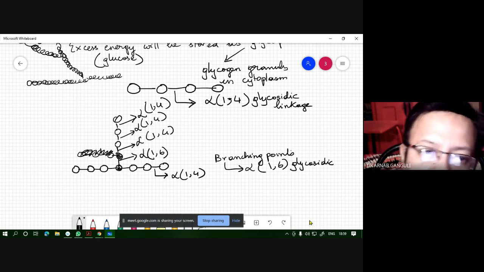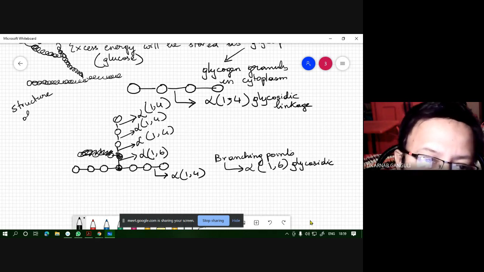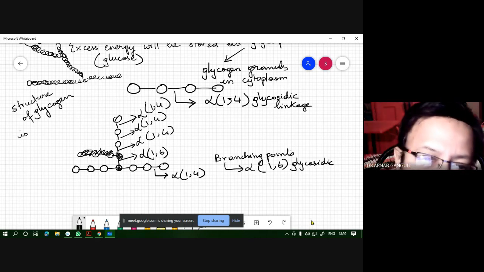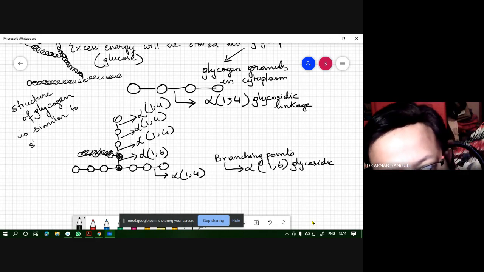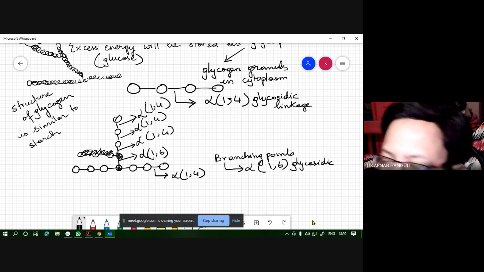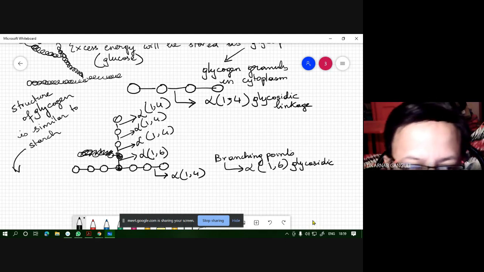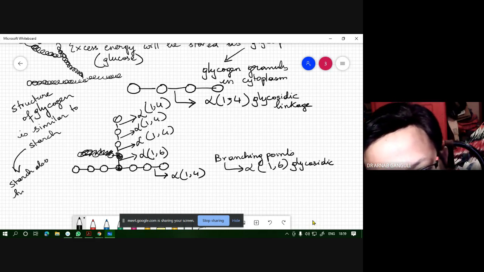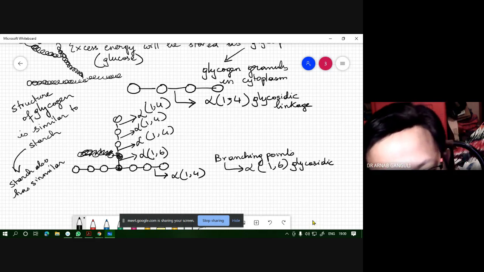So the structure of glycogen is similar to starch. Starch also has branch points, similar branch points.